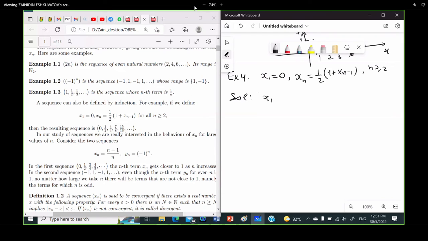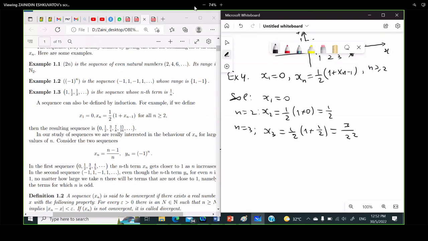So x1 equals 0. x2, when n equals 2, is 1 over 2 times 1 plus x1, and x1 is 0, so it is 1 over 2. When n equals 3, x3 is 1 over 2 times 1 plus x2, and 1 plus x2 is 3 over 2, so it is 3 over 2 squared, right?